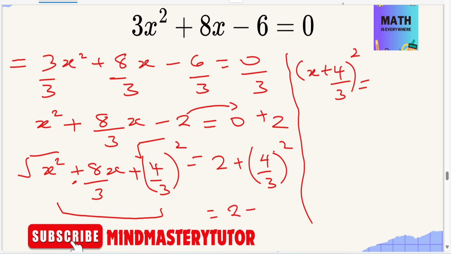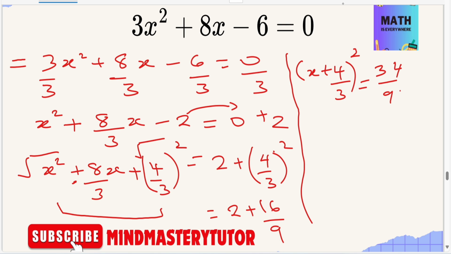So ni 2 plus 16 over 9. Now if you just use your calculator, it will give you the answer. 2 plus 16 over 9, and it gives you around 34 over 9. So our answer ni 34 over 9.